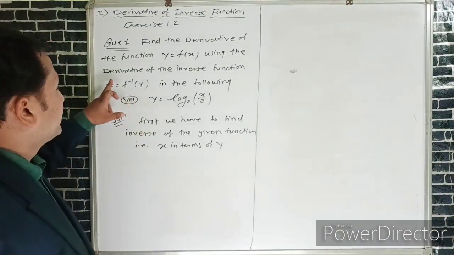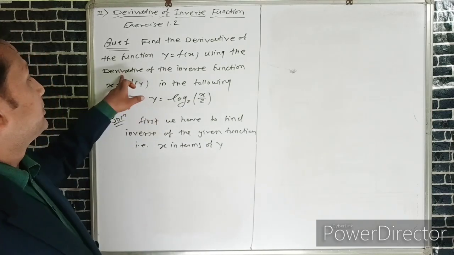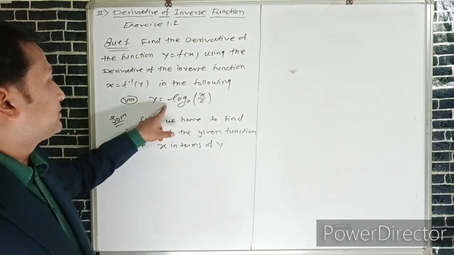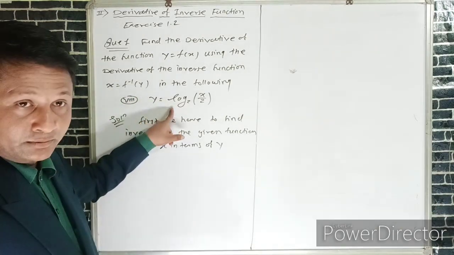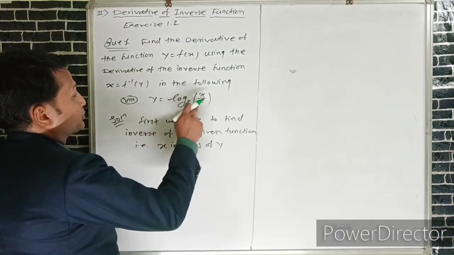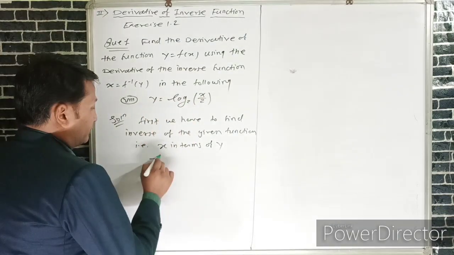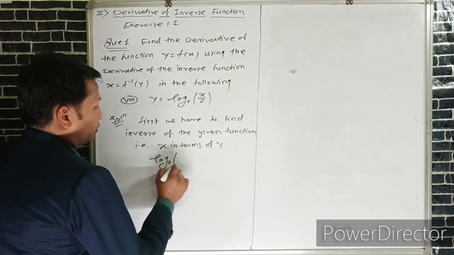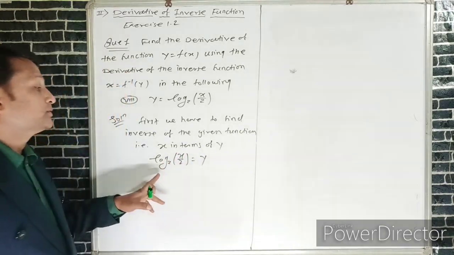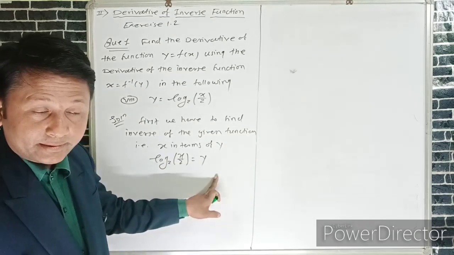If we have to find the derivative of this function by using the derivative of the inverse function, x is equal to the inverse of y, then we first find the inverse of this function. The given function is in the form of log base 2 of x by 2. We can write log base 2 of x by 2 is equal to y, because we have to find the inverse function, x in terms of y.